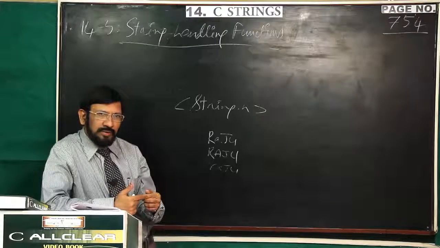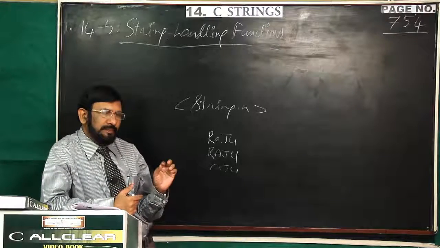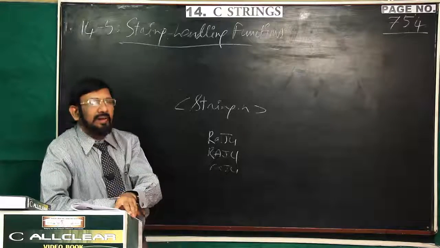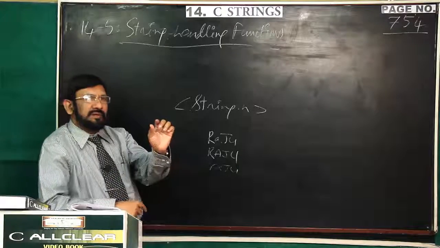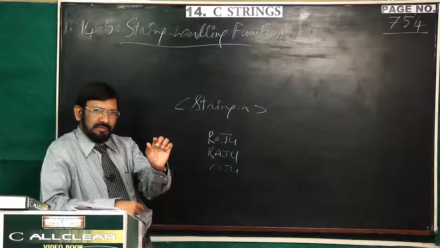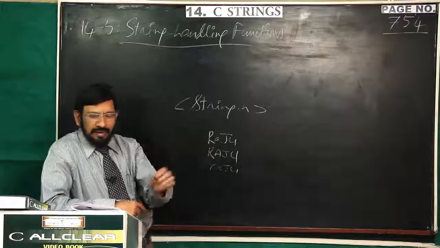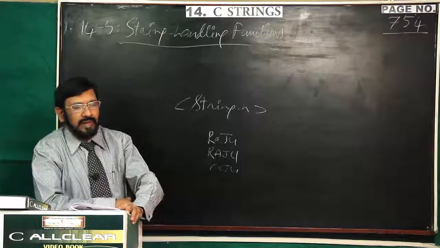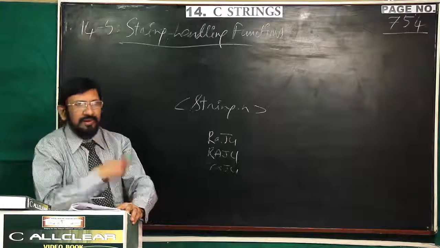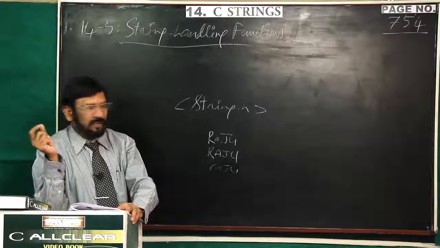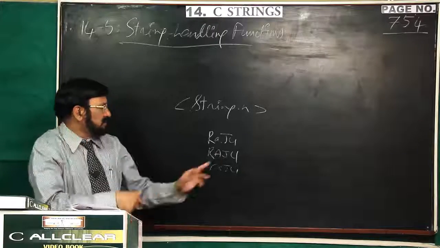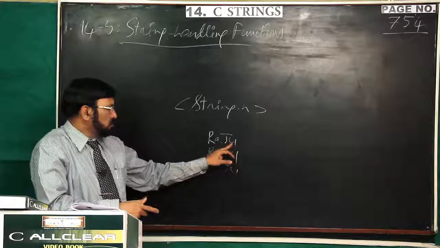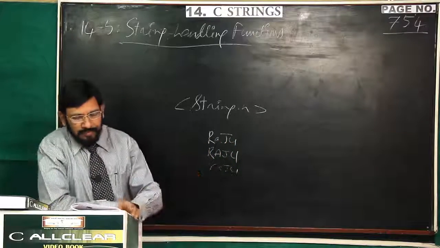Two strings are to be joined; strncat takes n number of characters in the string, a substring, and appends that. Next, strrev, reverse. It reverses a string. Whatever the characters in the string, suppose raju, it reverses as ujar.